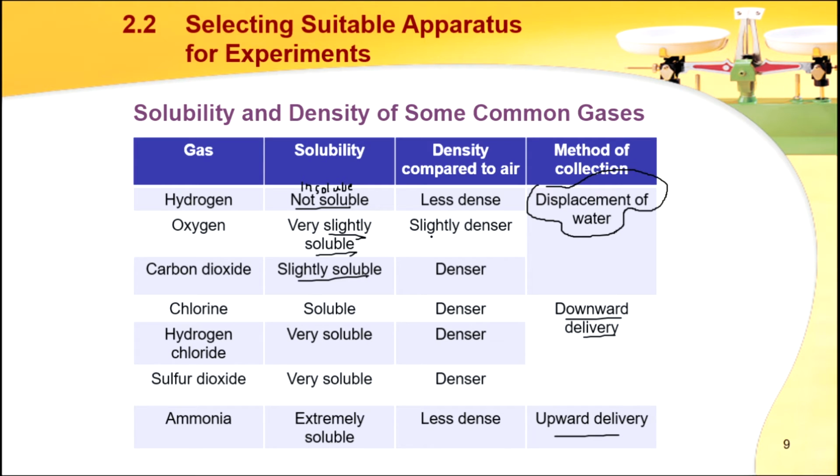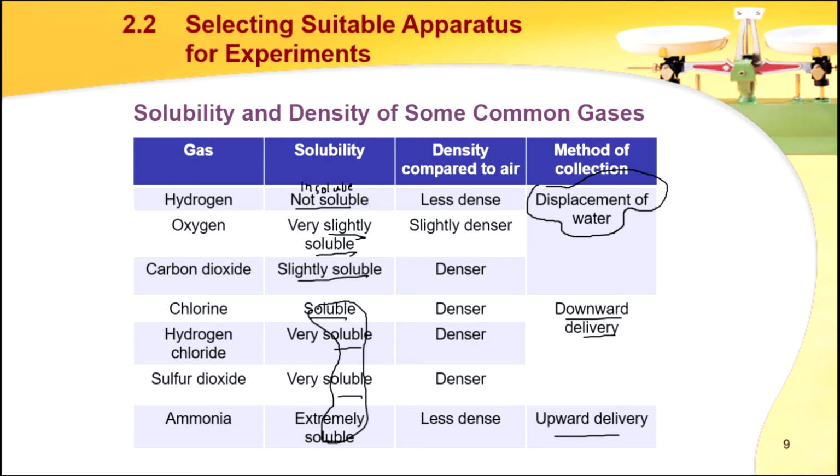When we use the delivery tube, downward or upward delivery, the gas must be soluble. If soluble, we can use the delivery tube.